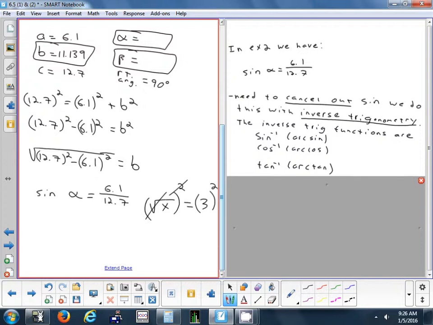All right, so I have sine. I'm going to cancel it out with inverse sine. The way we do it is we say we're going to take inverse sine of everything that's on the left, and then we're going to take the inverse sine of everything that's on the right. If I had enough room, I'd squeeze it in right next to it, but I don't.